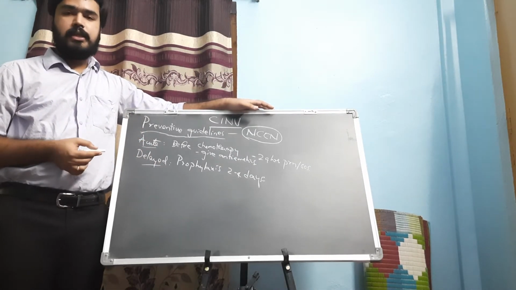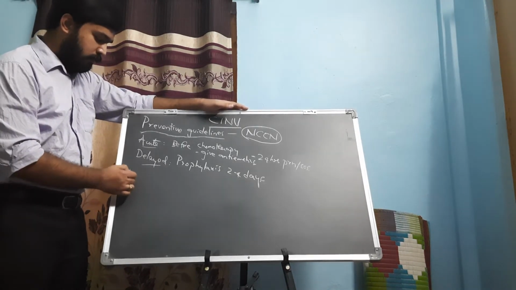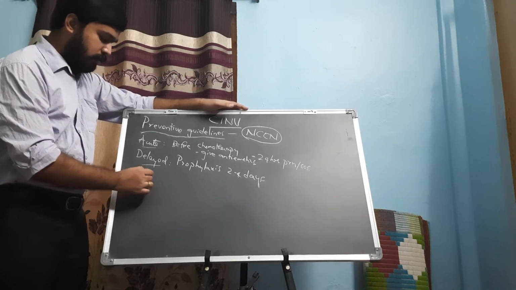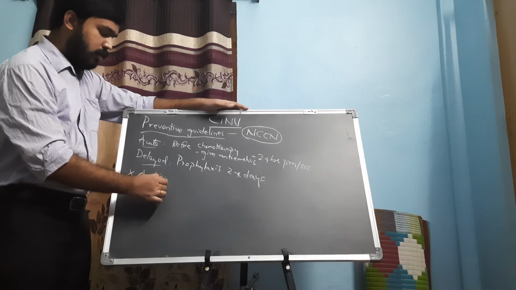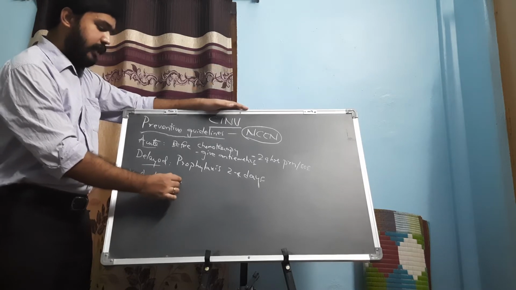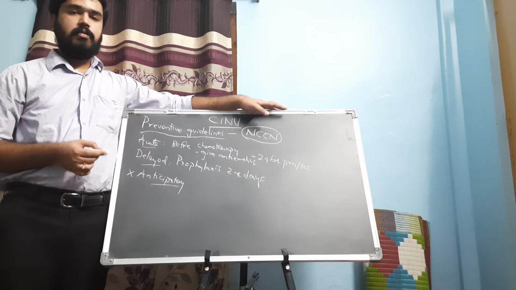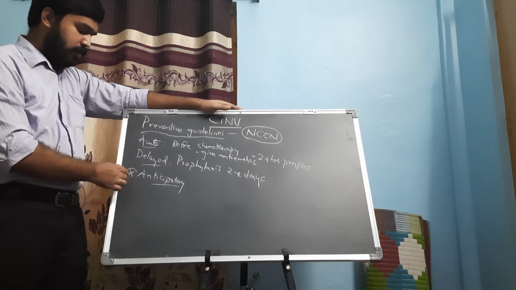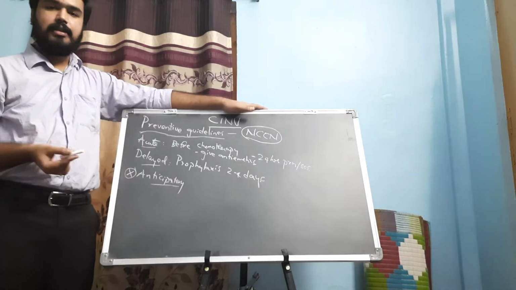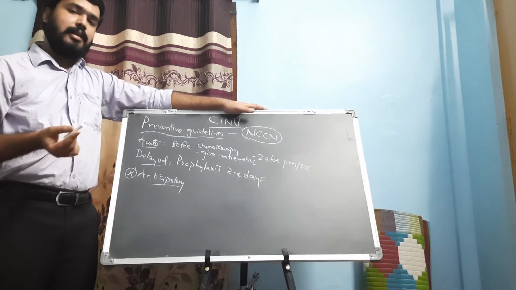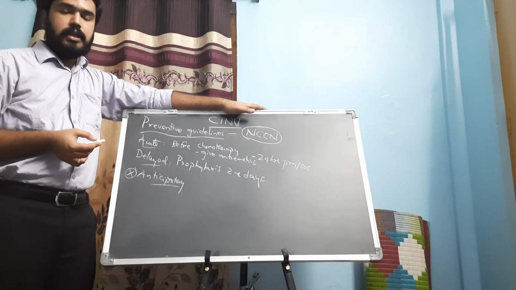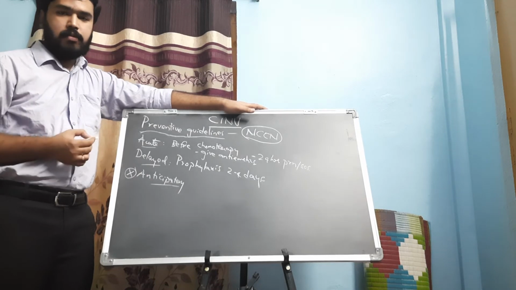should be prevented in order to avoid the anticipatory CINV. So we have seen anticipatory chemotherapy induced nausea and vomiting occurs when the person had a previous experience of nausea and vomiting with chemotherapy.